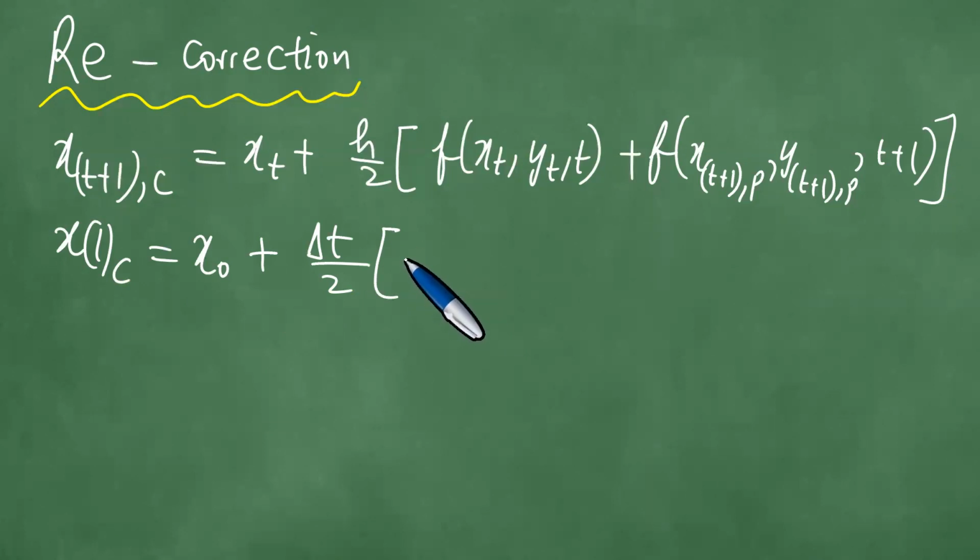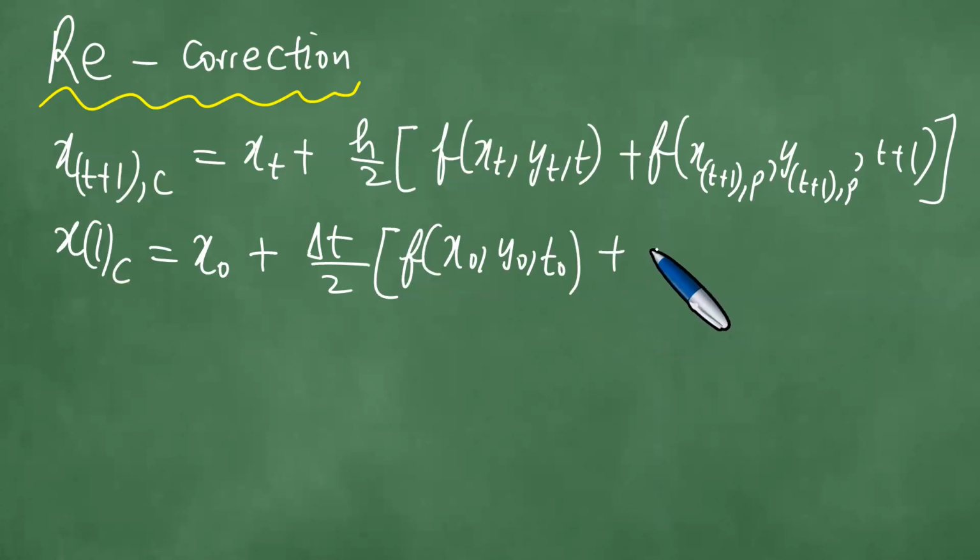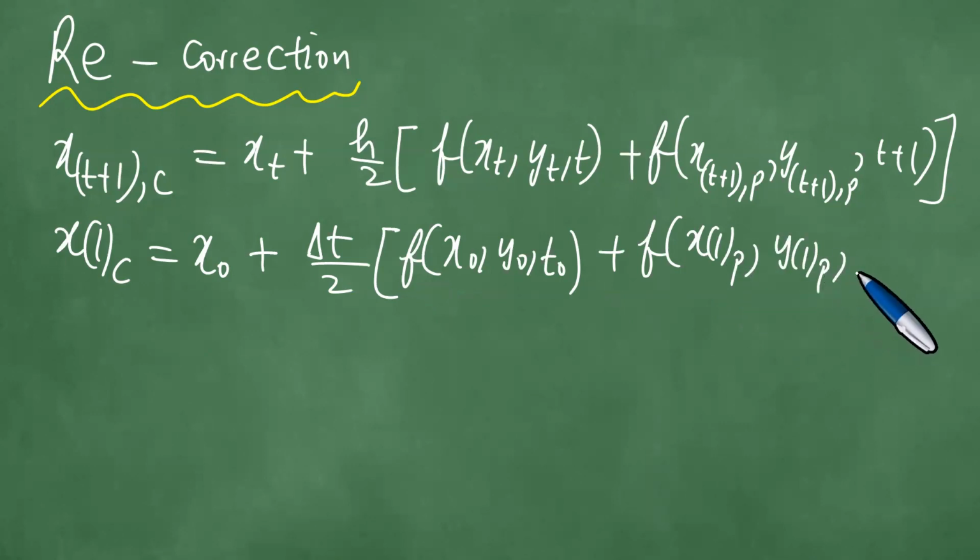So we understand, therefore, that this is x0, y0, and you have here, call it t0, plus you have here x1p, y1p, call this t1, like so.